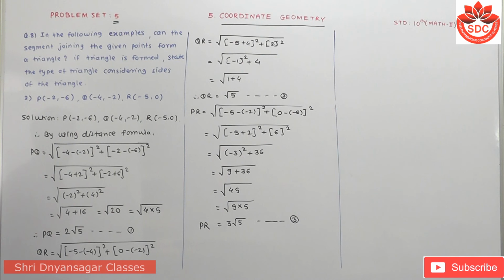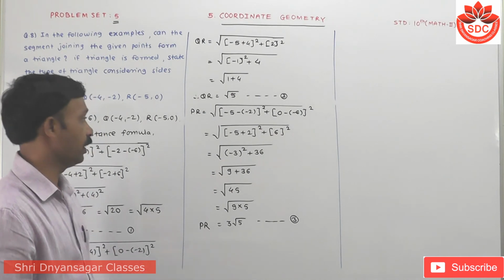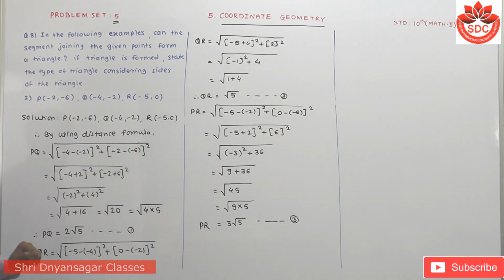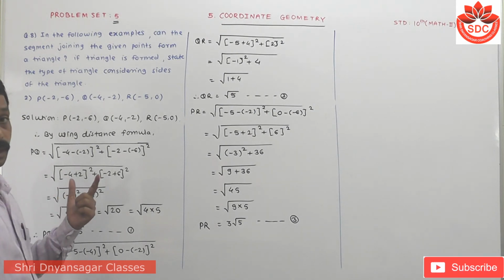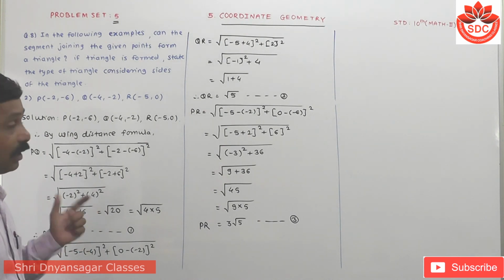When we observe carefully, first, second and third: this is 2 root 5, 1 root 5, and this third side is the bigger one here. So I have to take the sum of these two sides here. All of you know that for a triangle, if the sum of any two sides is greater than the third side, then this is a triangle.